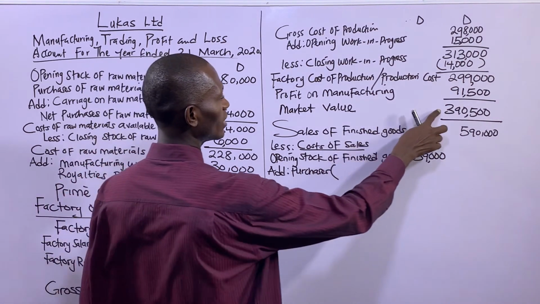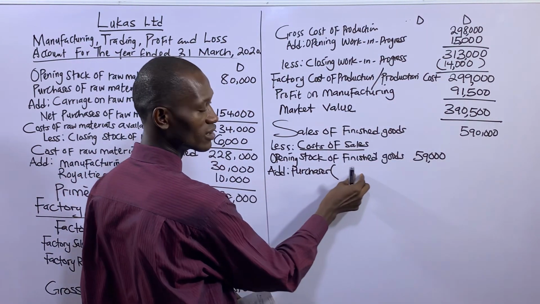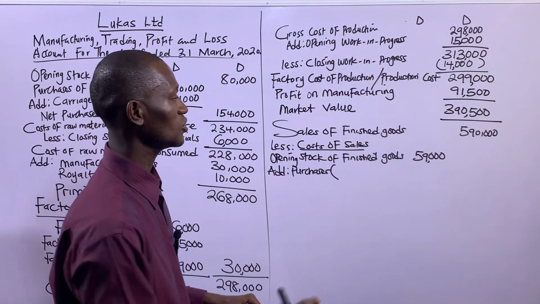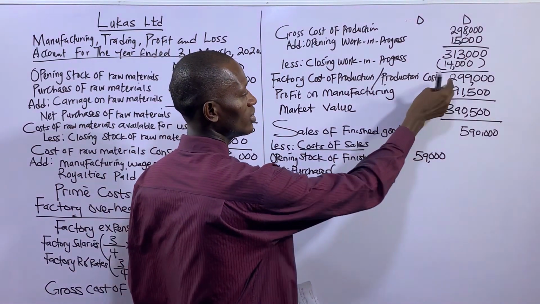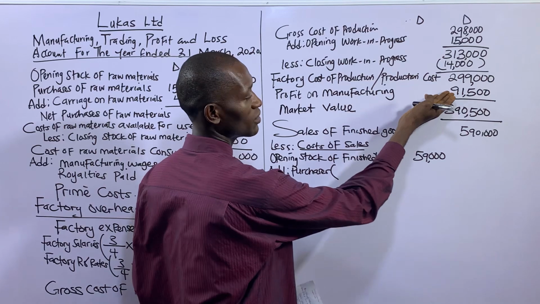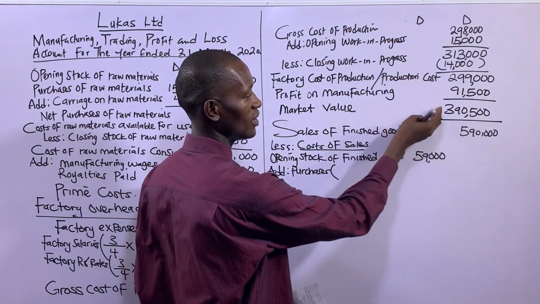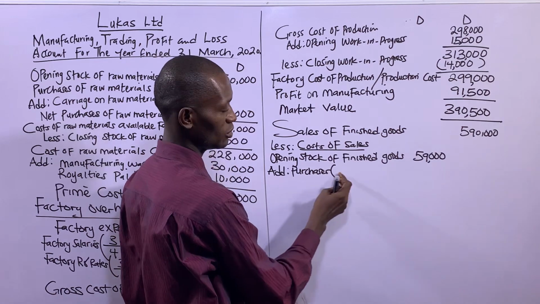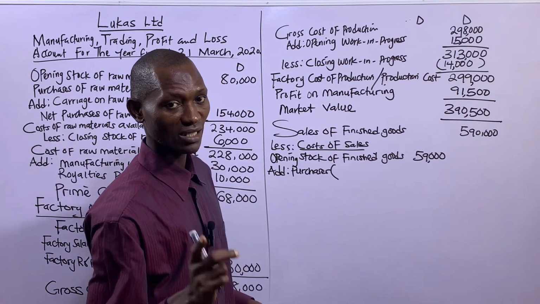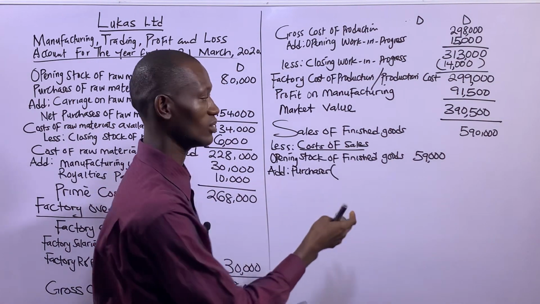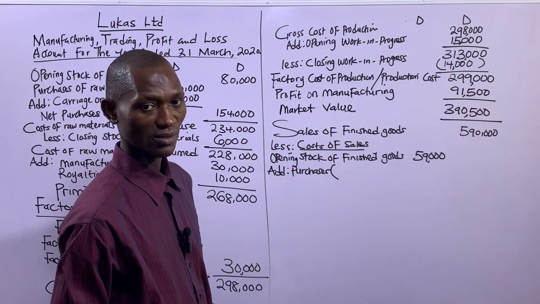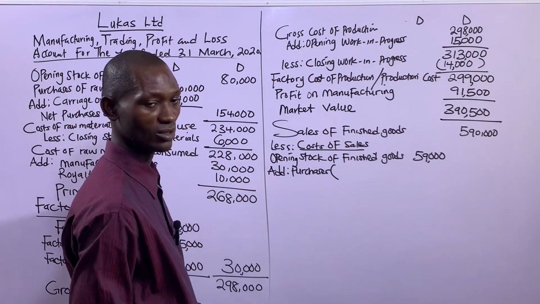Whatever you get as market value, you bring it here. That will be your purchases. But if in a question you did not get the market value, that means you're not going to get a profit element, and this cost of production will be your purchases. But if you're given market value, which we're given in this question, this is what we are going to be using as our purchases. I hope that is understood.